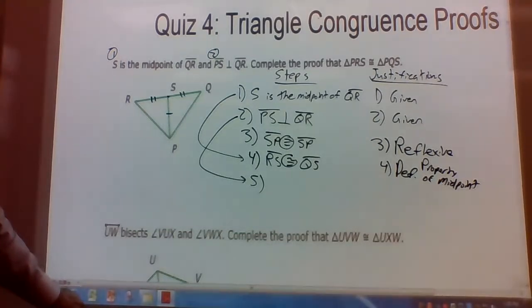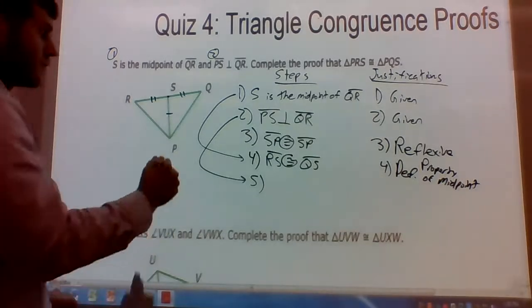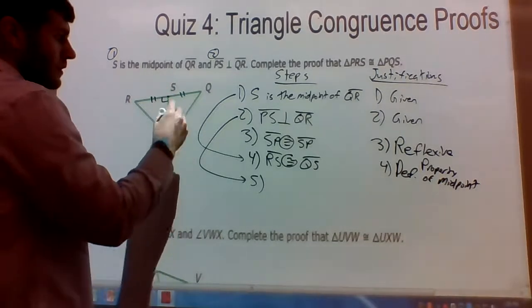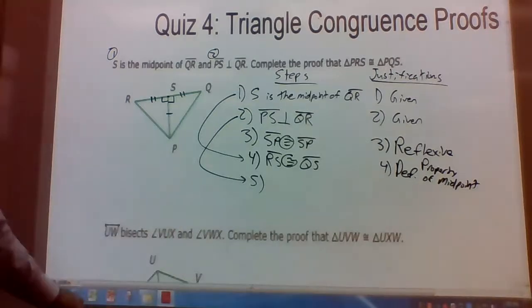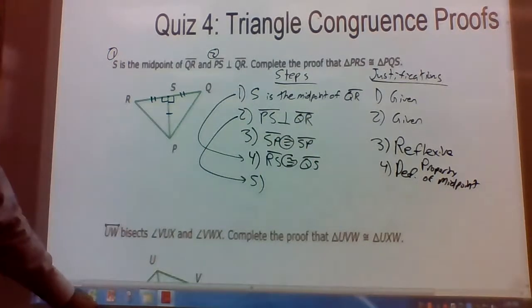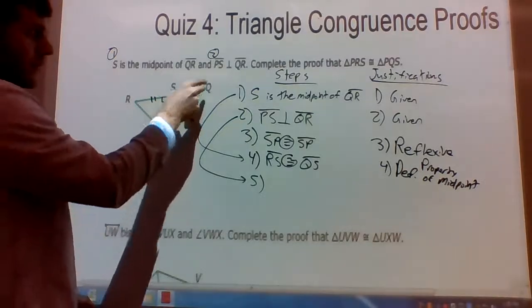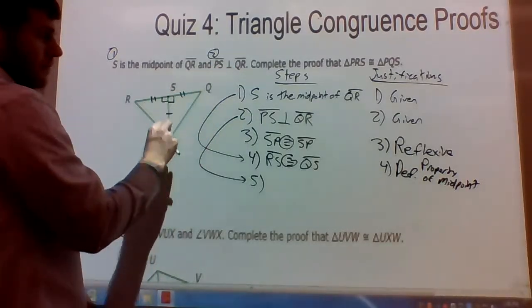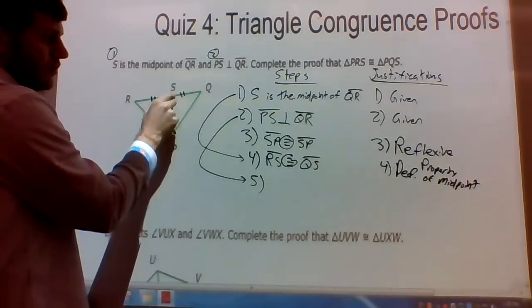If you have parallel or perpendicular lines, you are looking for right angles. So we know that angle RSP and angle QSP are right angles. The definition of perpendicular lines tells us that perpendicular lines form right angles. So where these 2 lines intersect, PS and QR, they form right angles.